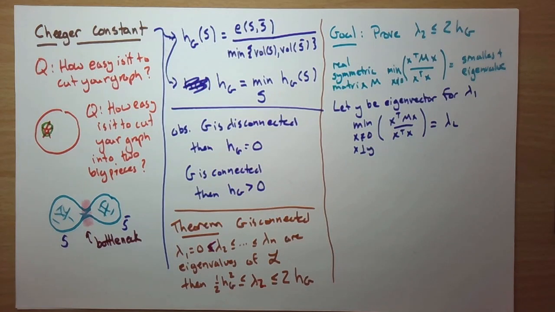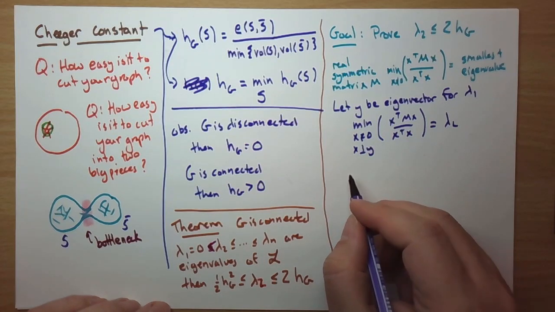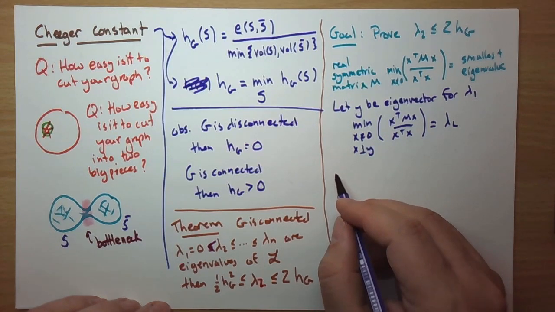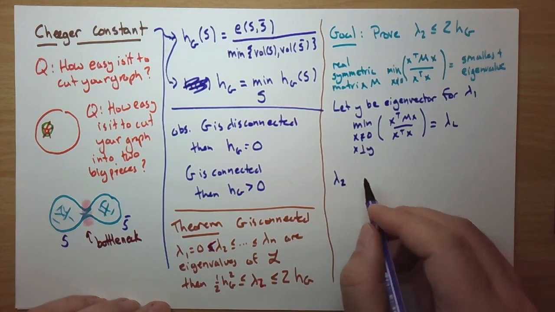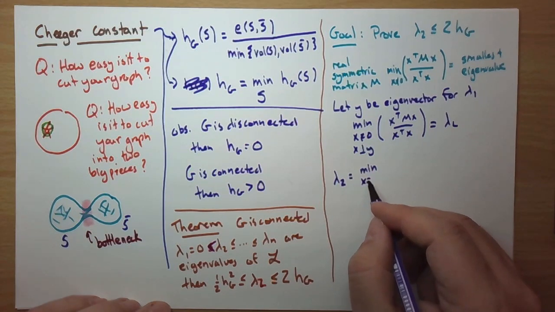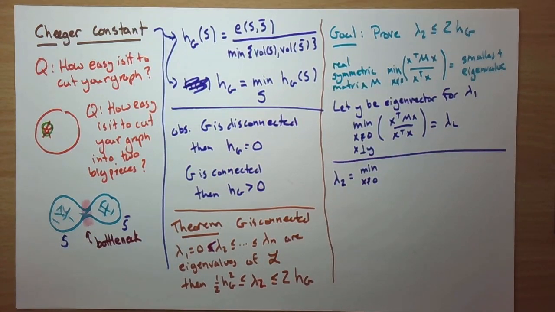Good, awesome. Now we're going to take this idea. So, what do we know? Well, we know that lambda 2 is the min over all x non-zero. So now we're into proof mode, and I can see I'm not going to fit it on this page, so I feel bad starting it here, but we'll get it on the next page.